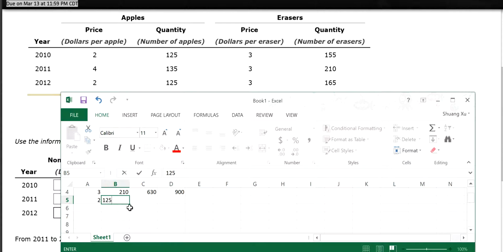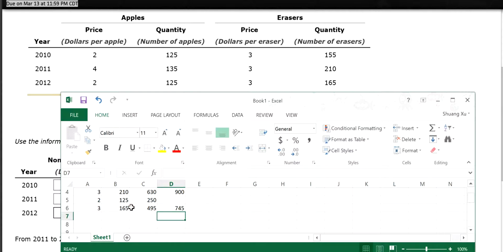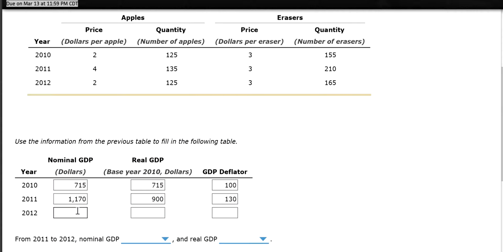So my final value for it is going to be 2 times 125, 250, and then my erasers, $3 each, 165 erasers, and then my final value is, it's already calculated, 495. So my total nominal GDP is going to be 250 plus 495, and it's going to be 745. So 745 for nominal GDP.